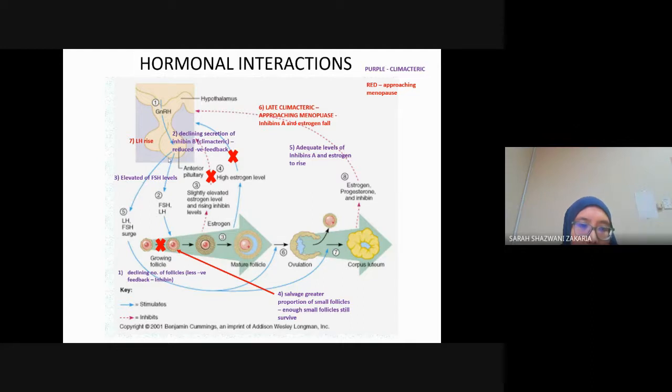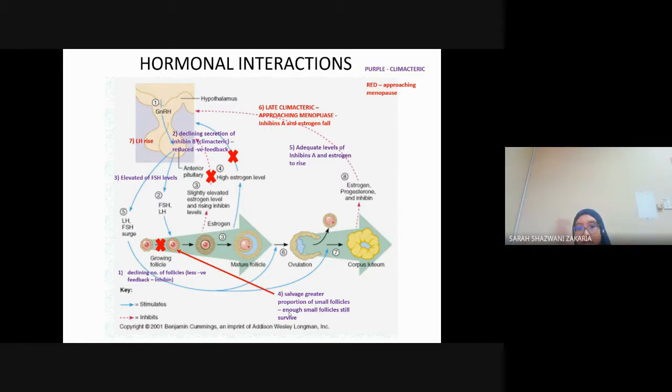When the FSH is high compared to the normal, it will stimulate a greater proportion of small follicles to develop. Let's say in the reproductive years, 10 follicles from the left ovary develop, and 10 from the right ovary develop also, per cycle.